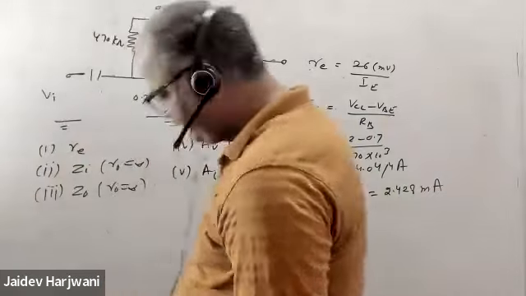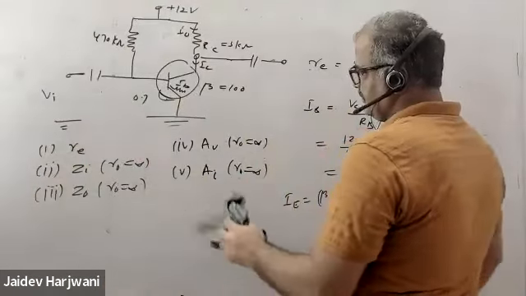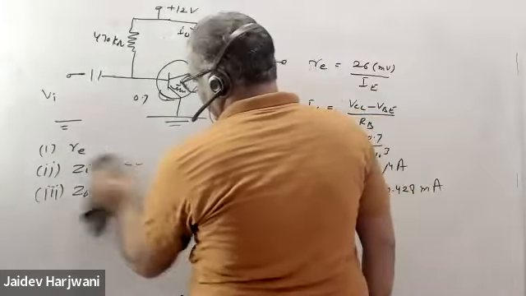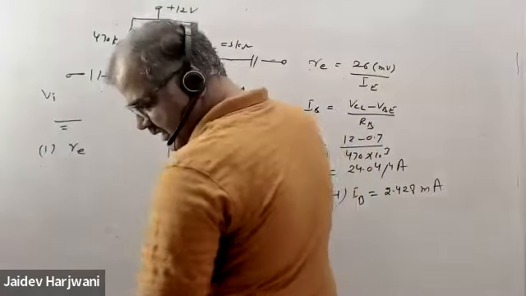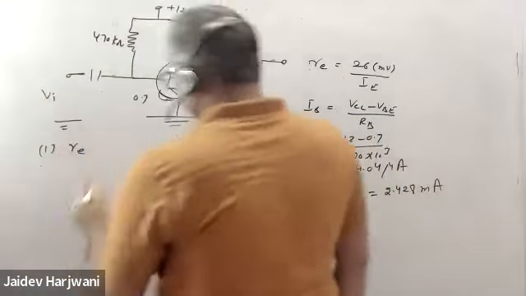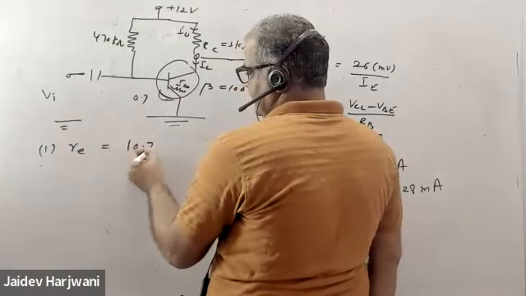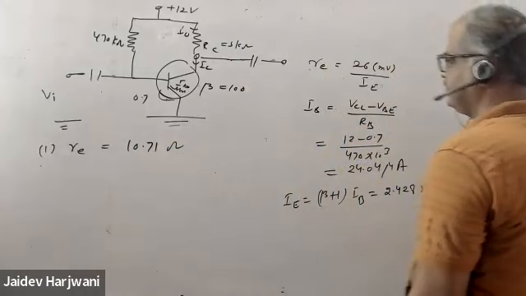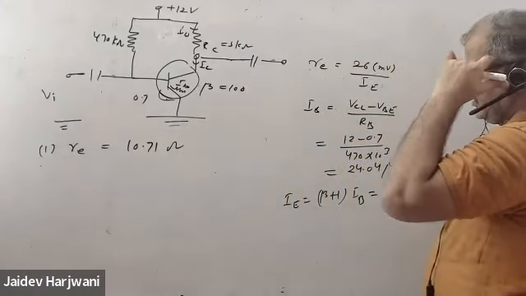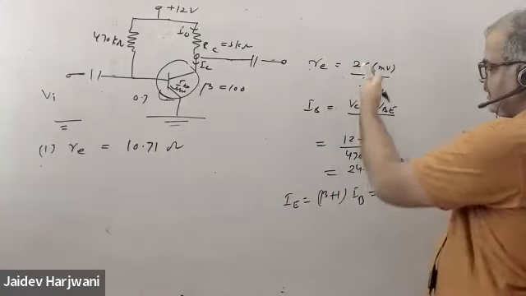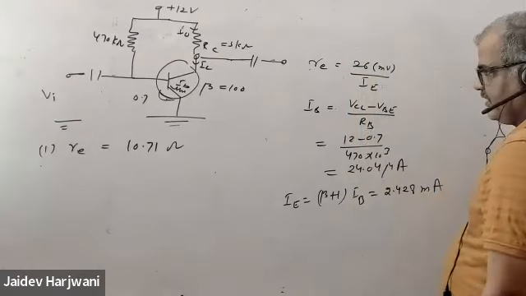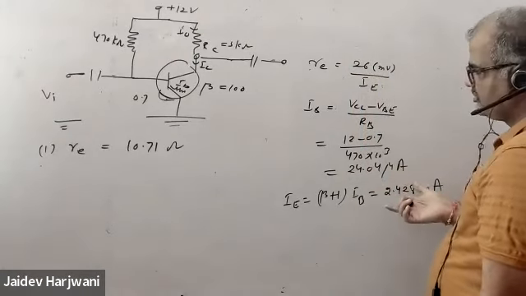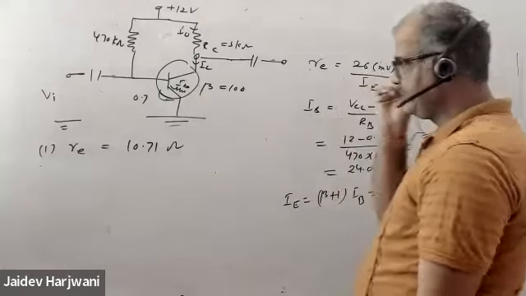Okay, and if I find RE, the value is 10.71 ohm. Okay, you know the formula for RE; you have to calculate like this: 26 divided by 2.4, so it will come around 10, 10.7 ohm.